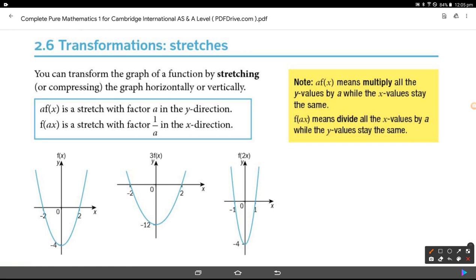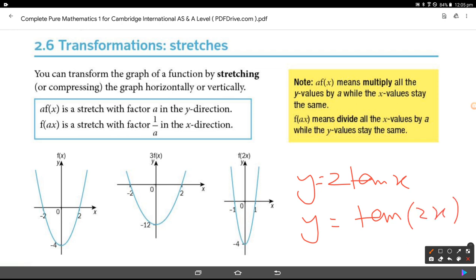For example, you can see 2 outside, like 2 tan x. This is called a stretch of 2 times parallel to the y-axis. But if I have y equals tan 2x, this is called a stretch of half times along the x-axis.